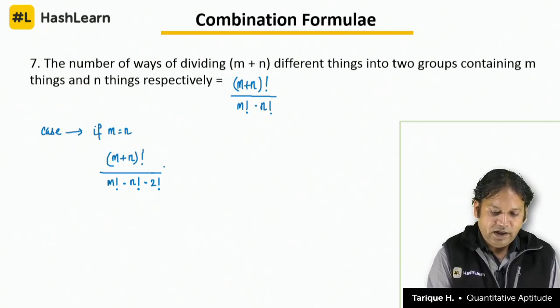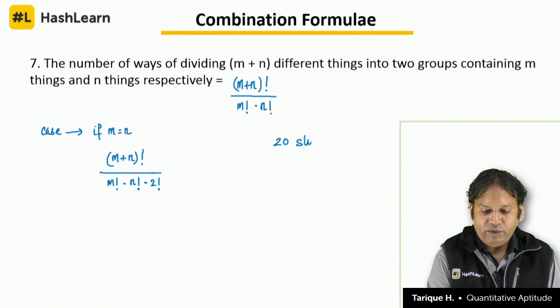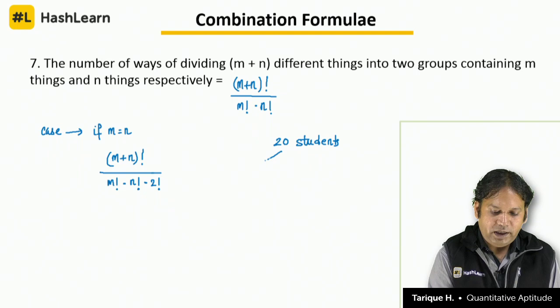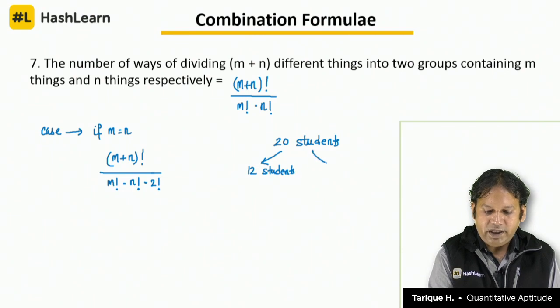For example, let us say if there are 20 students in a class and you have to divide them into two teams. One team containing 12 students and one team containing 8 students. 12 plus 8, 20.